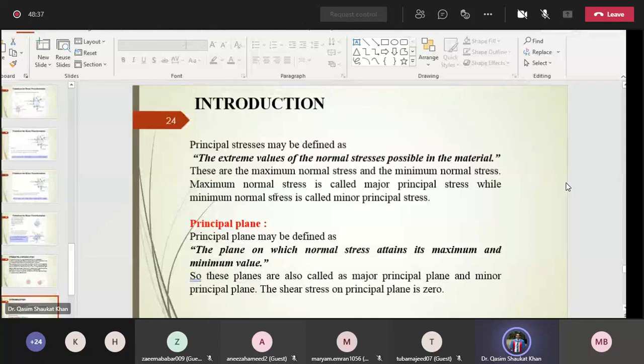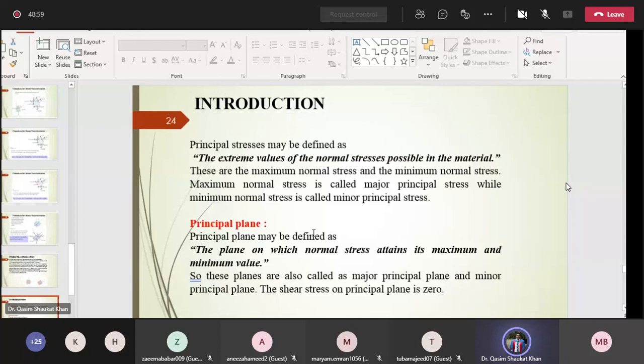Now the principal plane is the plane through which the major and minor principal stresses will occur. Principal plane may be defined as the plane on which normal stress attains its maximum and minimum value.